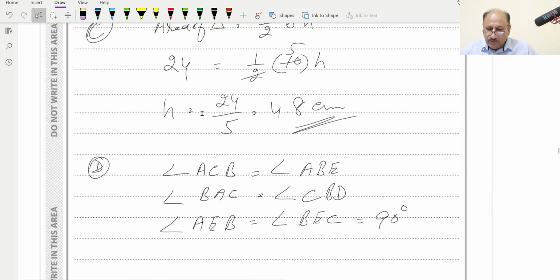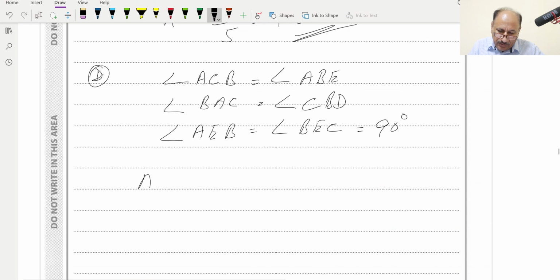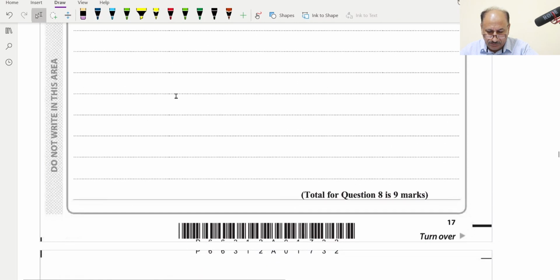So all three angles are equal, so angle angle angle postulate. Hence this is the result. No need to write anything next.